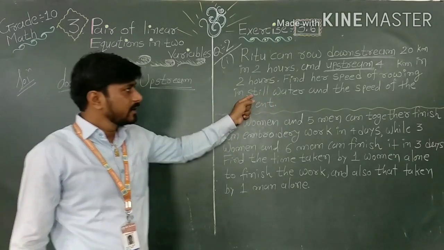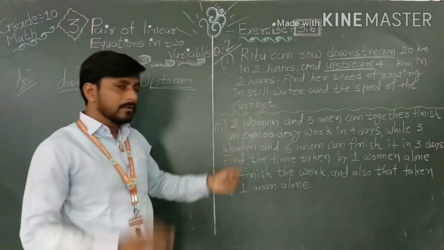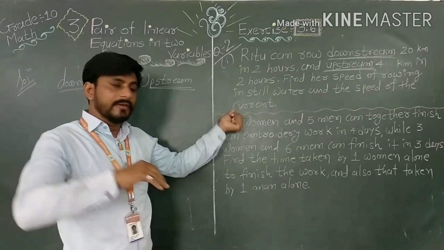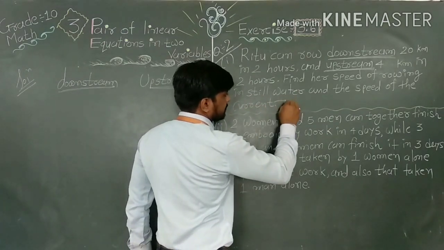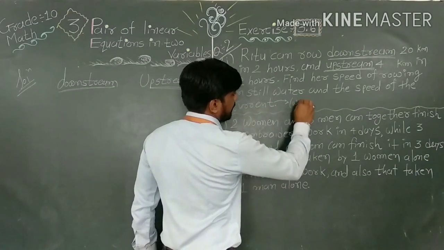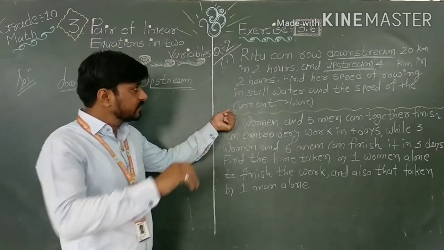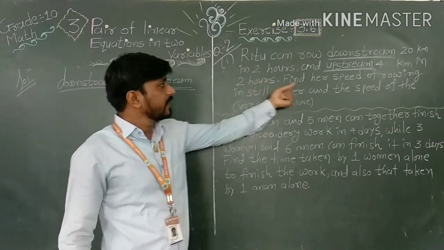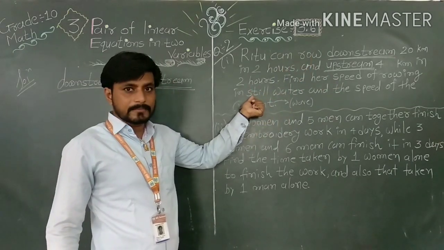And the speed of the current, that means wave. What is the speed of wave? Speed of water. What is the meaning of current? Wave. We want to find the speed of wave as well as the speed of the boat in still water.